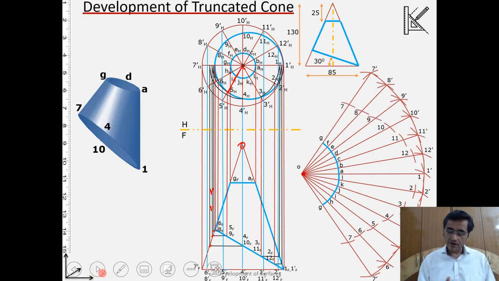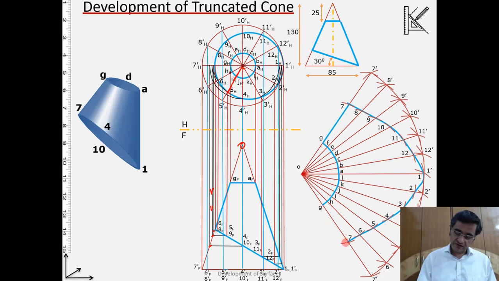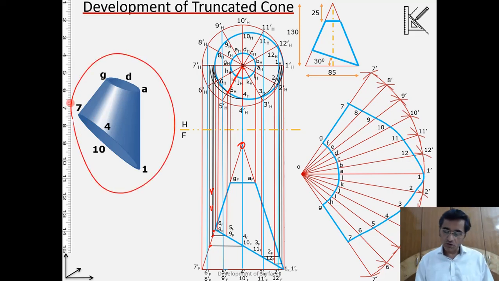Alright, so what we have done on our development here, I have located the points corresponding to the bottom truncated face, and then we can join them. If you join them, and of course we'll have to join on the sides as well. So this is what gives me the developed surface corresponding to the truncated cone, and these are the seam lines, or the lines about which the surface will be folded.